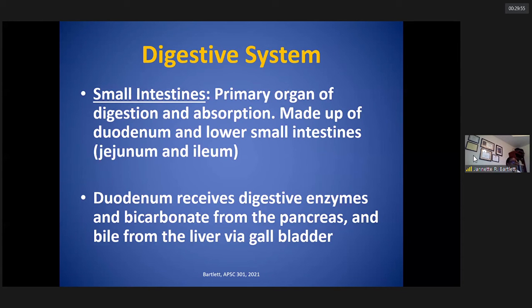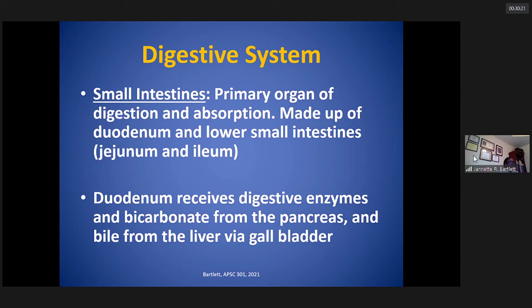Now, I said I was going to explain the functions of some of those secondary portions of the digestive system and their involvement in the digestive process. The digestive enzymes and bicarbonate are secreted in the pancreas. Remember I said that the pancreas is located within that loop of the duodenum?